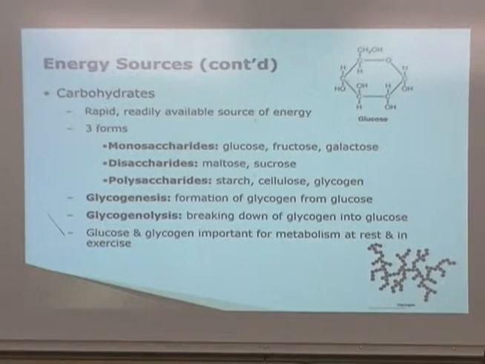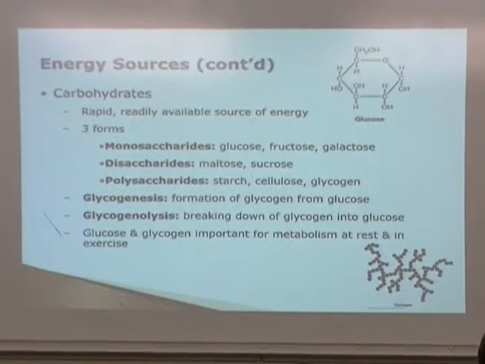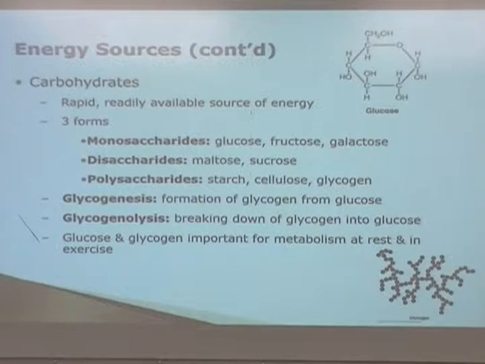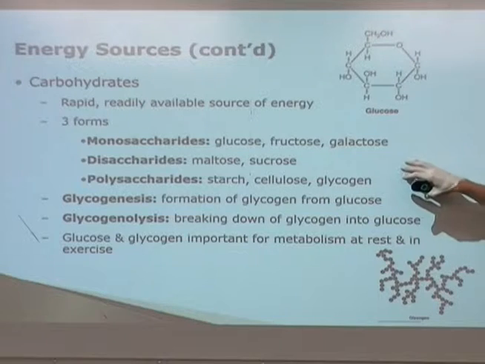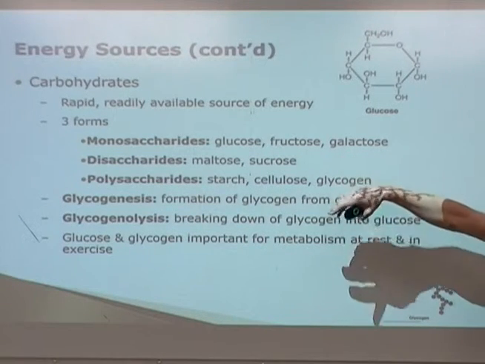Carbs can be monosaccharides, that's the simplest one, a disaccharide, or a polysaccharide. So the polysaccharides, the starches, are very useful. And glucose, fructose is fruit sugar.